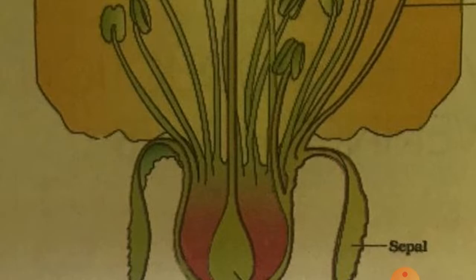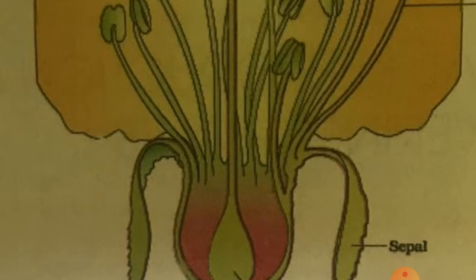If they are colored, such a condition of the calyx is known as petaloid. Usually they are protective in function and protect the other floral parts in bud condition because they cover them. They also prevent rapid transpiration from the inner parts of the flower, so they retain the moisture.